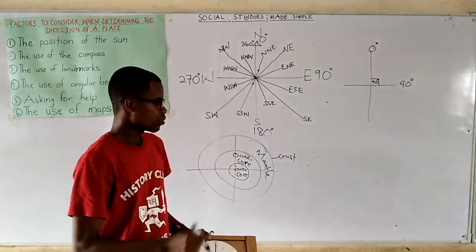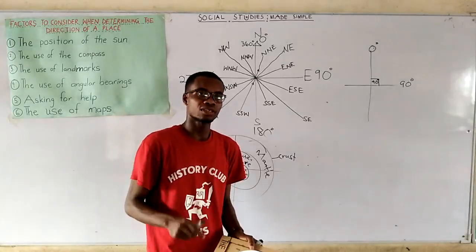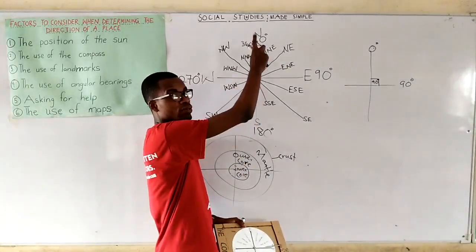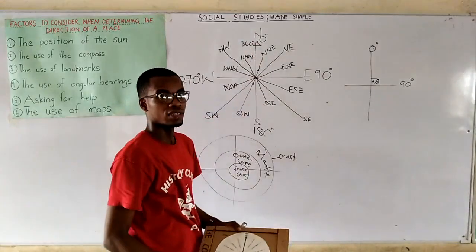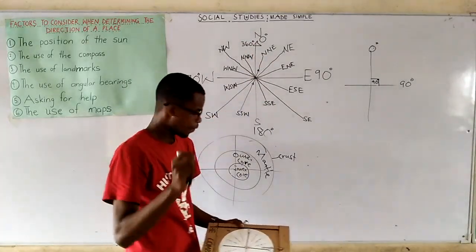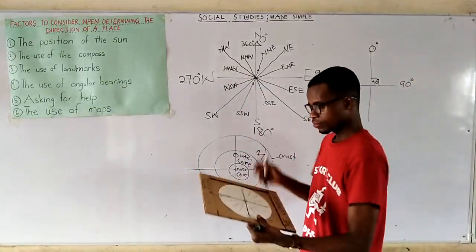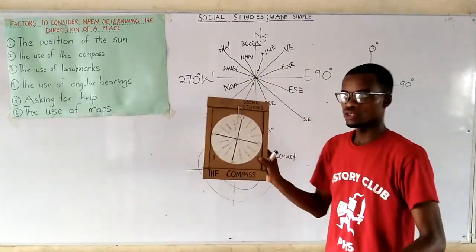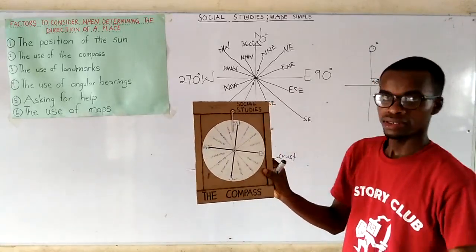And take note, when the compass needle is at rest, it points to the North Pole. So we have mentioned the compass as one of the instruments used in showing direction.